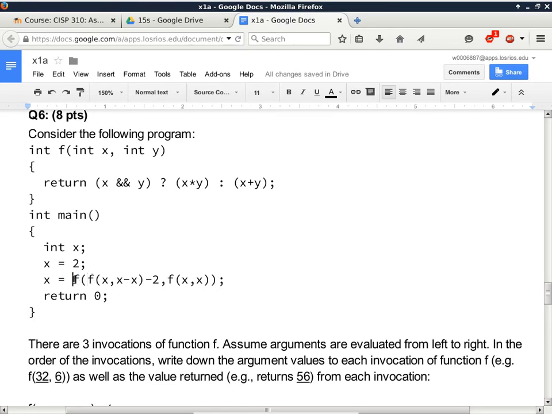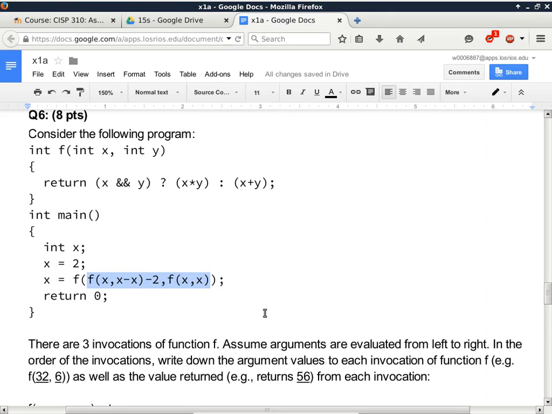So when you are trying to deal with this function call, you cannot do it yet because you have to figure out what is going into the first parameter and what is going into the second parameter. The first parameter is using the value after the first invocation of f. This is using the value of the second invocation of f. Once you have these two values evaluated, then you can have the third invocation of f. Is that okay? The ordering?